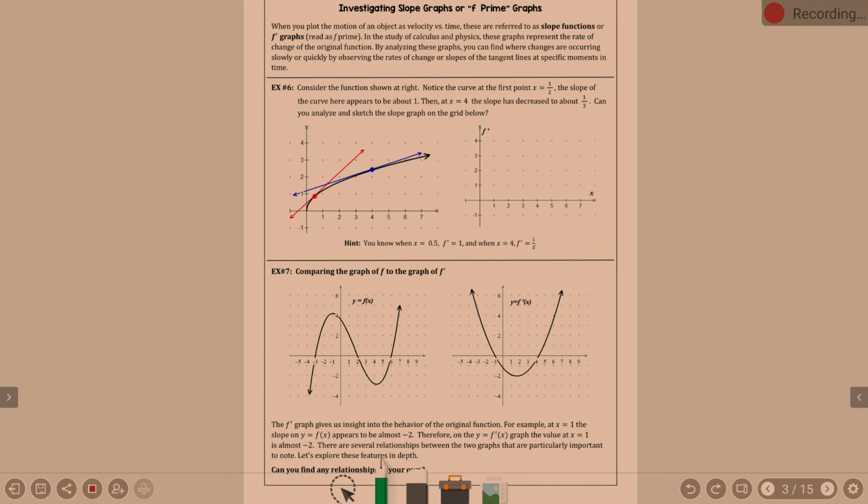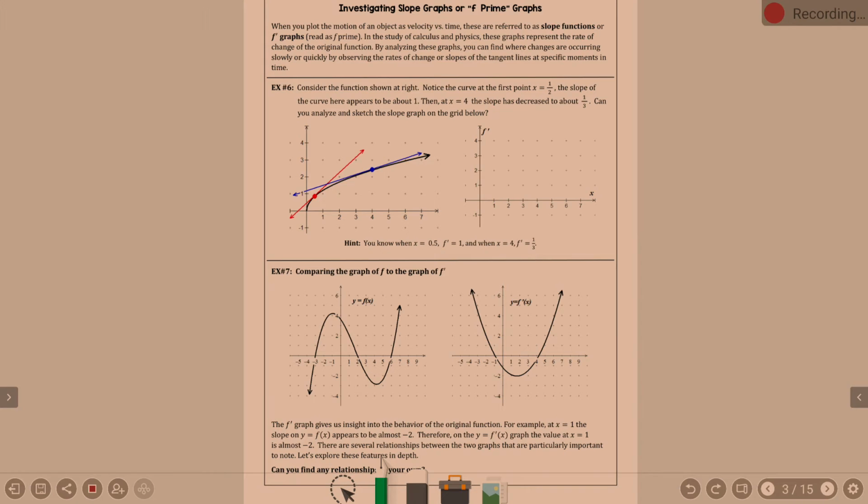Okay, consider the function shown. Notice the curve at the first point, x equals 1/2. The slope of the curve here appears to be about 1. So on my page, you're looking at the red graph, right?